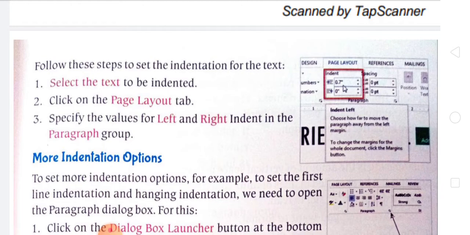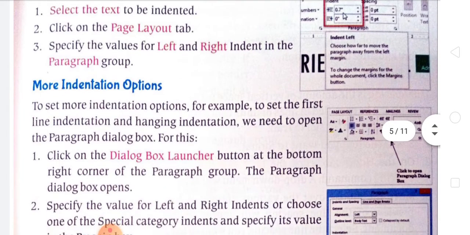So what are the steps to put indentation for the text? First, you have to select the text to be indented. Then click on the Page Layout tab. Then specify the values for left and right indent in the paragraph group. What are the more indentation options?